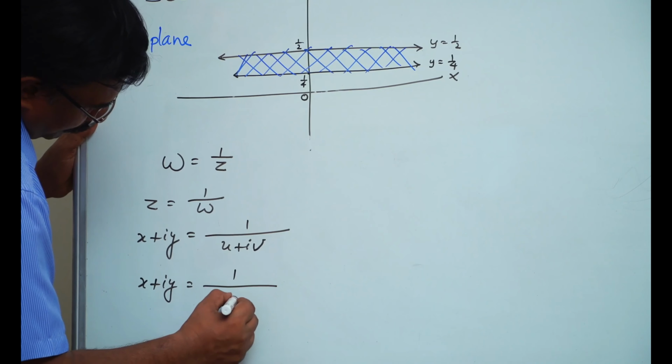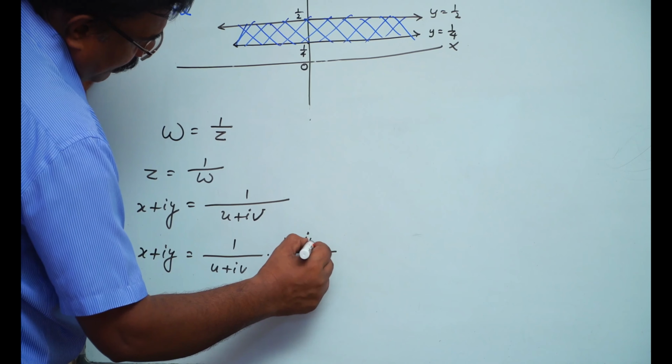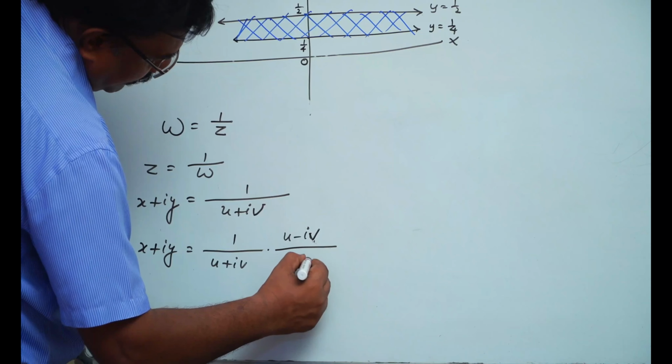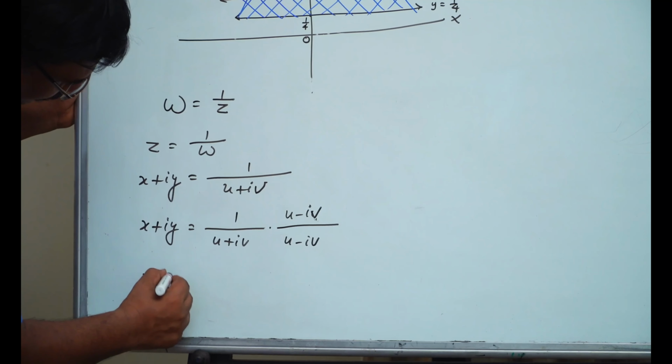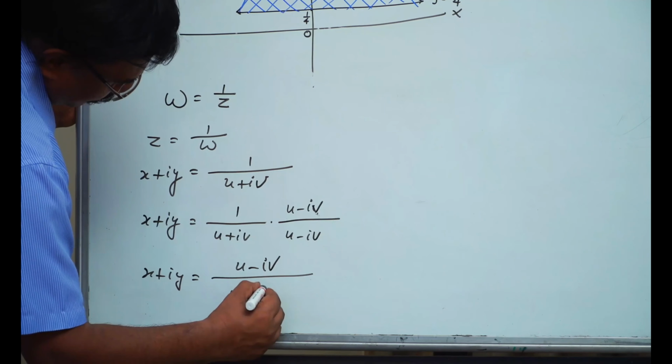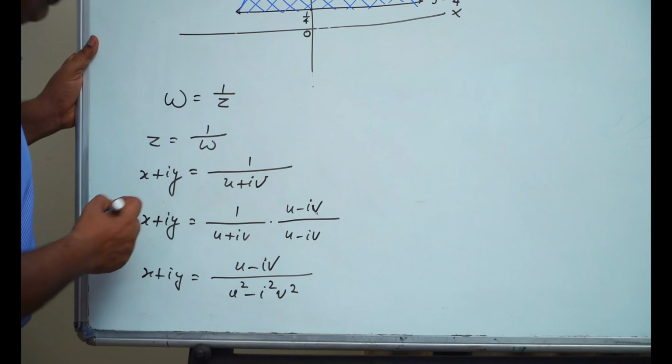Usually in complex numbers, we rationalize using the conjugate, multiplying by u - iv. Here (u + iv)(u - iv) is nothing but u² - i²v².